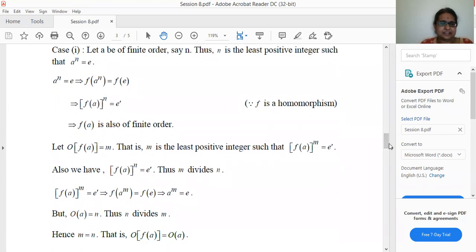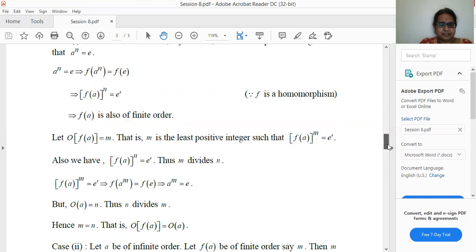But it is given in the theorem that order of a is equal to n. Therefore, n divides m. So we have got m divides n and n divides m. From this, we can say that m is equal to n. That is, order of f of a is equal to order of a. So now here, in this part, we have used the definition of order of an element.